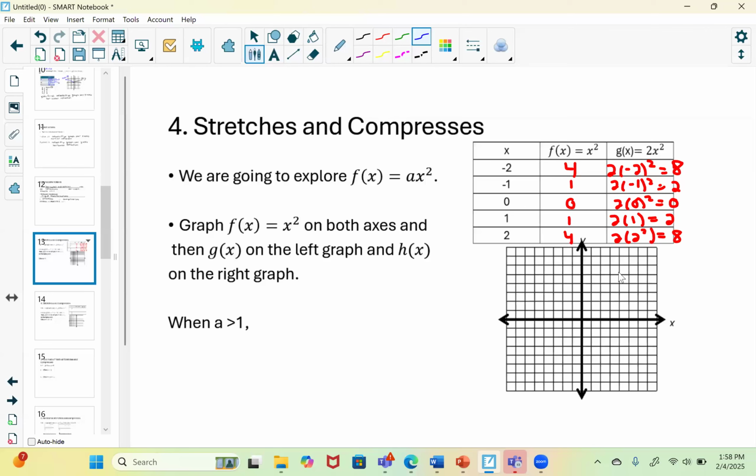Okay, so I'm going to graph both on the same axis. So x squared, right? And then I'm going to graph g of x in blue. So my x value is negative 2, but now I'm at 8.